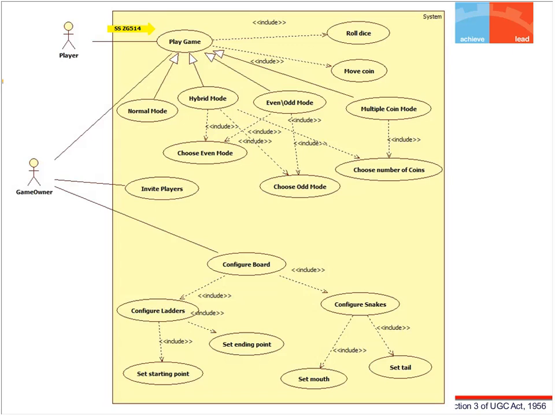That is why there is an inheritance relationship, or we say a generalization relationship, and not an includes relationship, right?